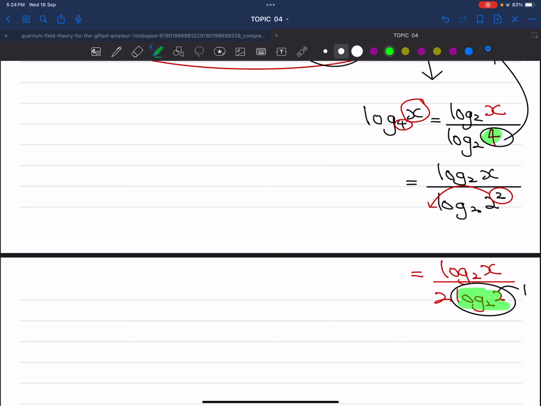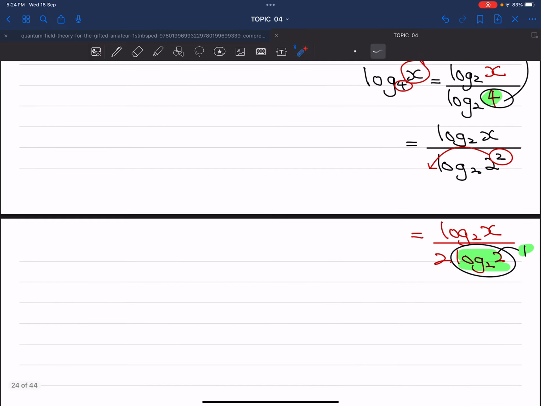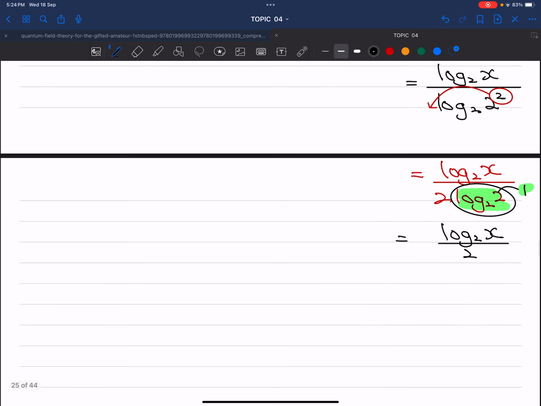Log 2 base 2 is equal to 1. So the 1 times 2 becomes 2. So finally we have log x base 2 over 2. But don't forget, log x base 2 divided by 2 is the same as 1 over 2 times log x base 2.